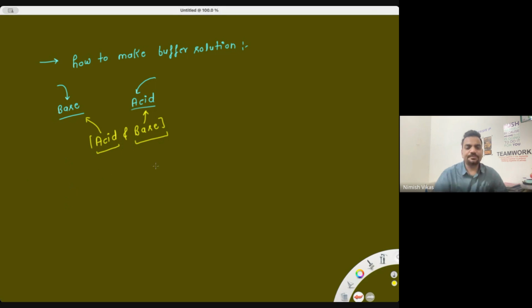No one? Okay. So if you take a weak acid, let's say acetic acid, and you drop it into the water, this will form acetate ion, and along with that we will get hydronium ion.